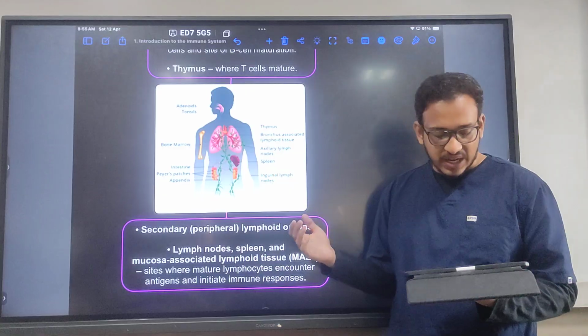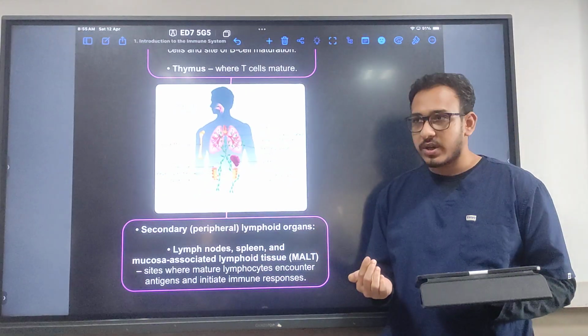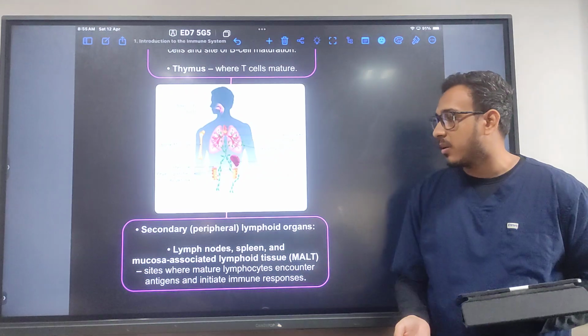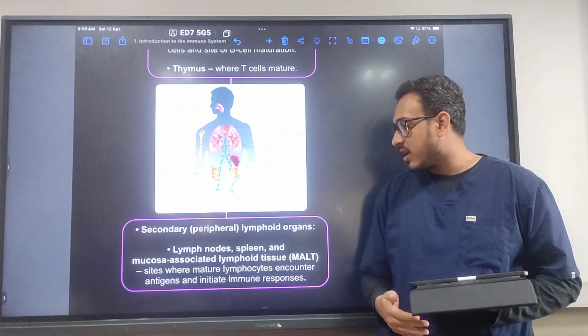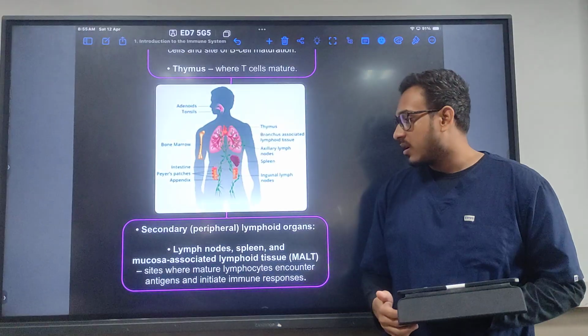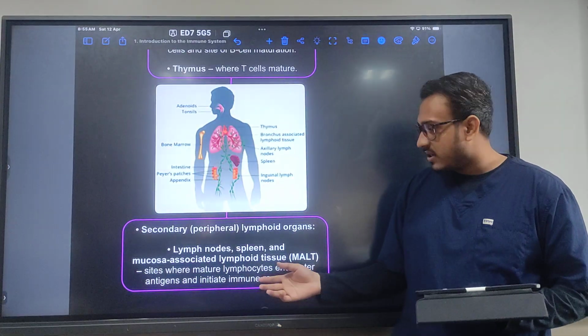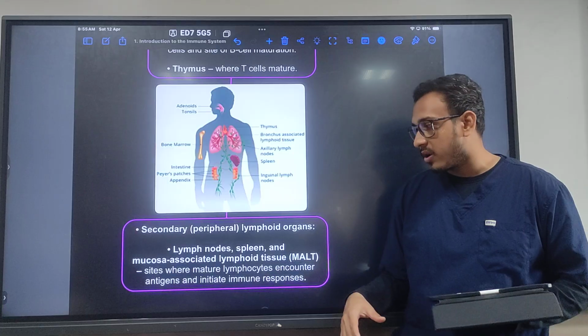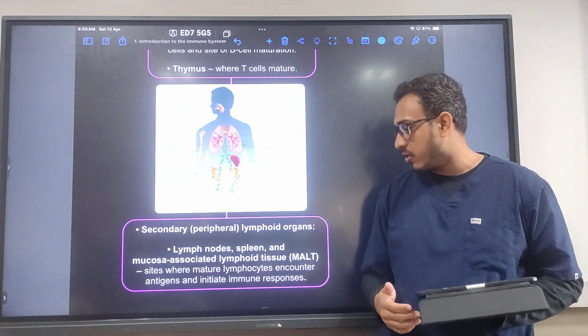And then secondary or peripheral lymphoid organs are lymph nodes, spleen, and mucosa-associated lymphoid tissues, also known as MALT. These are sites where mature lymphocytes encounter antigens and initiate immune responses.